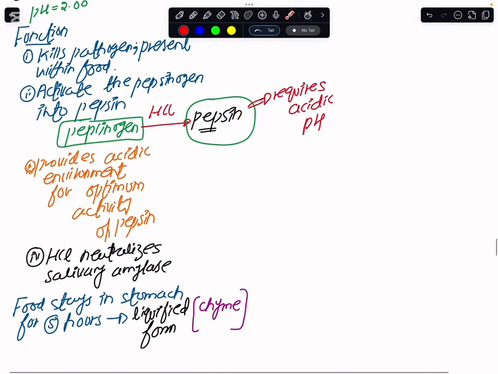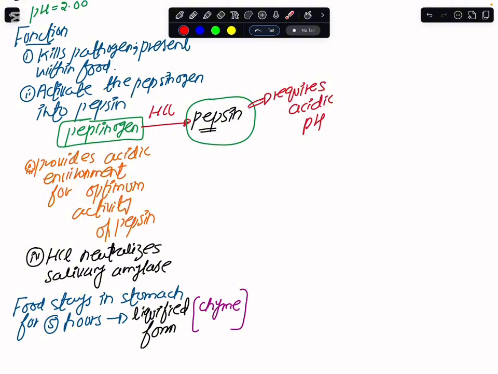Now in the mouth we know that the salivary glands added the salivary amylase enzyme to our food. If the salivary amylase remains in the food, the pepsin enzyme cannot effectively work on the food in the stomach. So what this hydrochloric acid does is denature the salivary amylase, so the food can only be acted upon by the pepsin enzyme.